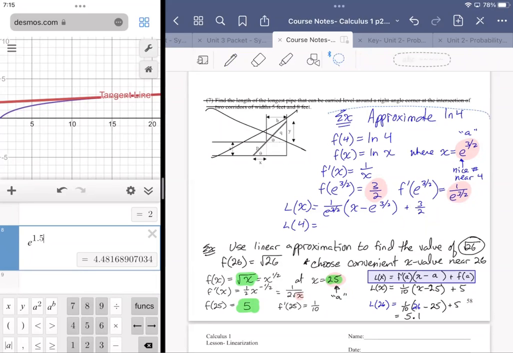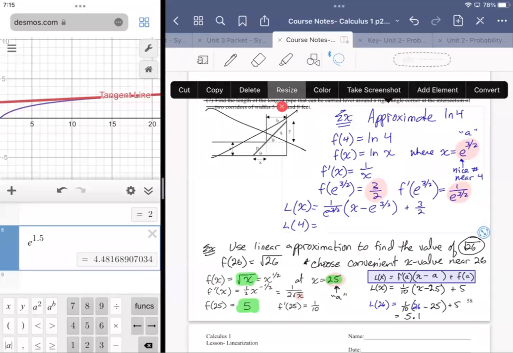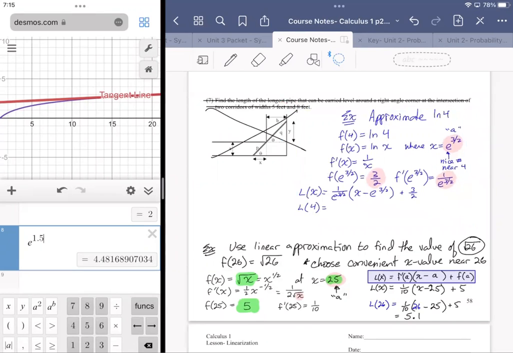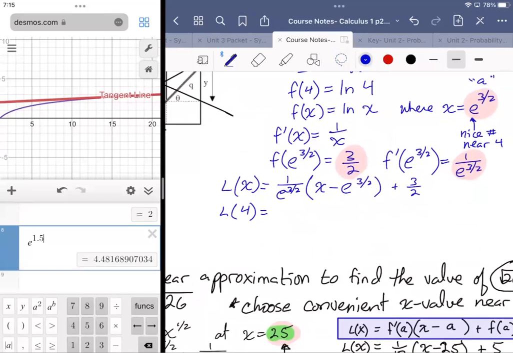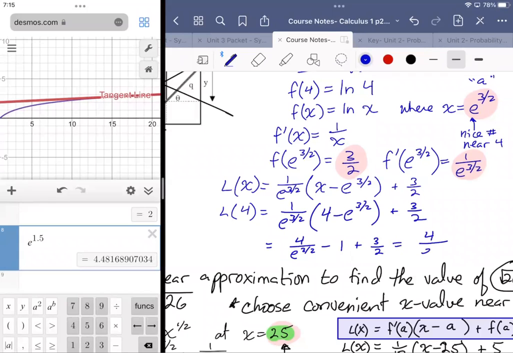Also, full disclosure, I just made this up off the top of my head, so it's not the best example in the world, but it gets the job done. 1 over e to the 3/2 times 4 minus e to the 3/2, plus 3/2. You could distribute if you want, in which case you get 4 over e to the 3/2 minus 1 plus 3/2, which is 4 over e to the 3/2 plus 1/2. So this would be our quote unquote approximation.